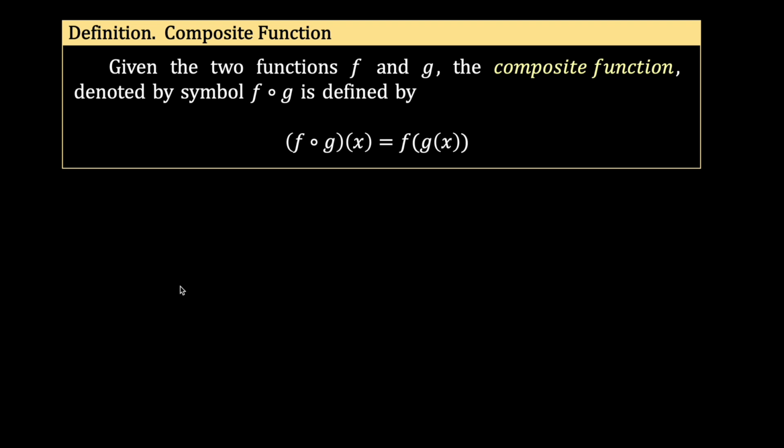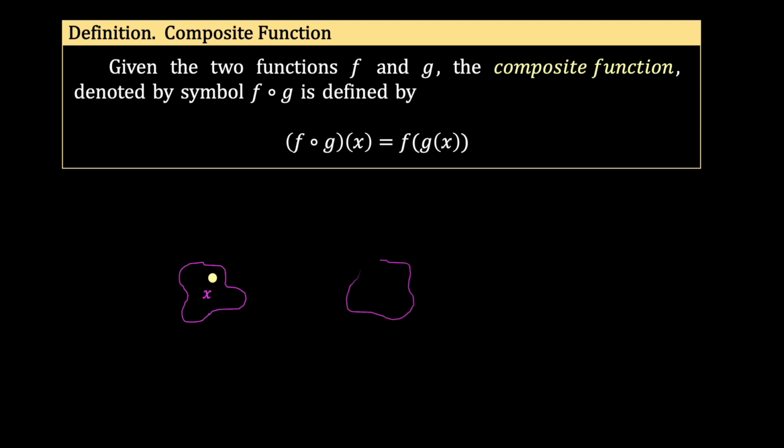So what does it mean? Let us provide an illustration for us to understand the concept of the composite function. Let's say we draw a closed curve labeled as color pink for some purpose, and it contains an element which we will call a variable x.